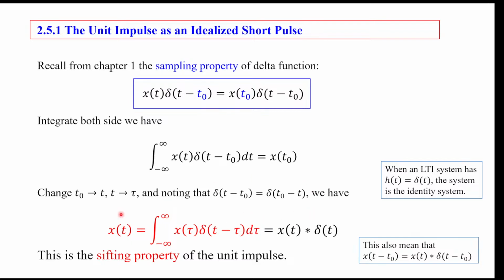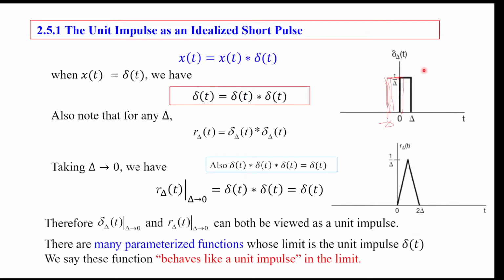So the delta function is an even function in a more rigorous sense. Anyway, many functions will behave as a delta function when you take the limit of this Δ parameter to 0.